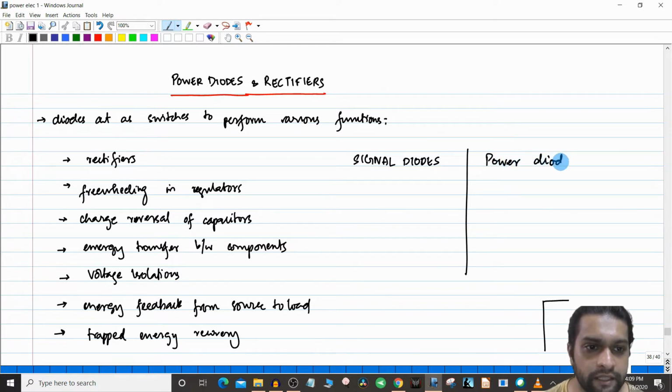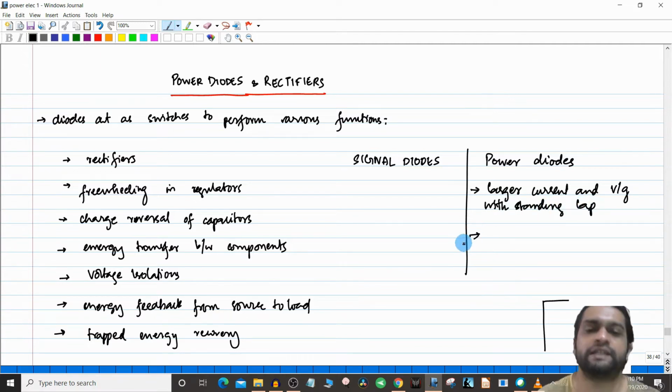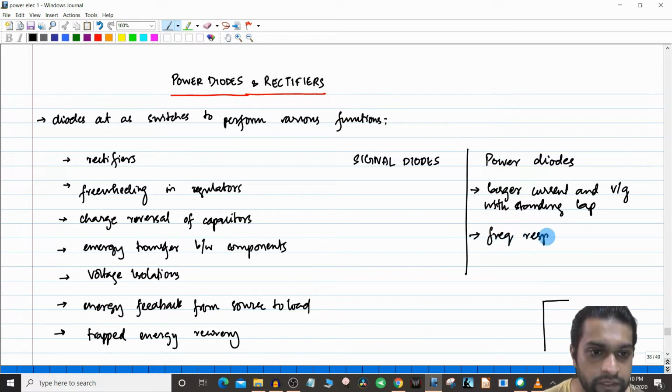The basic difference is that power diodes have larger current and voltage withstanding capability. However, the frequency response of power diodes is not as good as signal diodes, that is, their performance over a large spectrum of frequency is lower as compared to signal diodes.